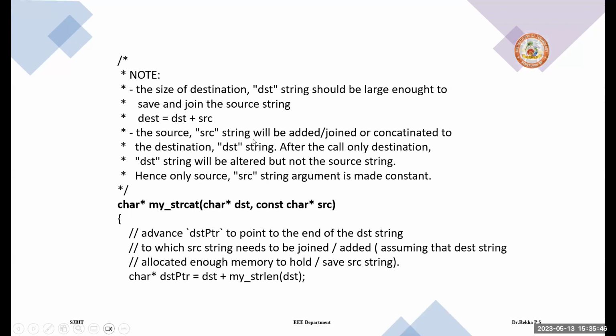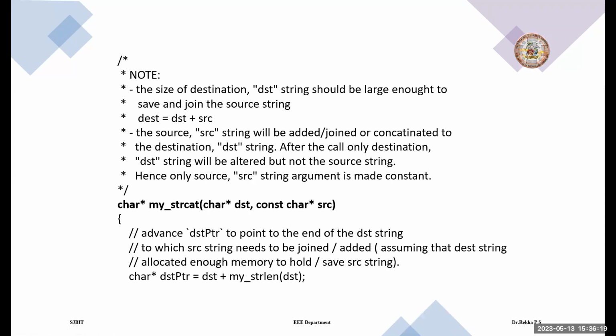So the source string SRC will be added, joined or concatenated to the destination string DST. After the call, only the DST string will be altered, but not the source string. Please remember, when this function is called, the source string will be concatenated with the destination string, and your destination string will be changed, but the source string remains the same.